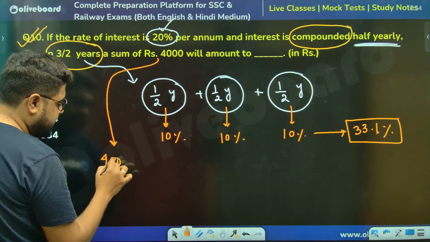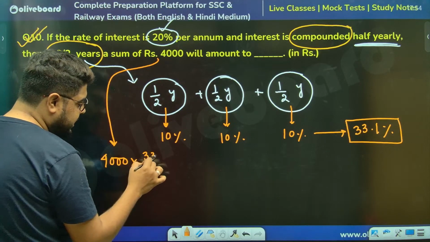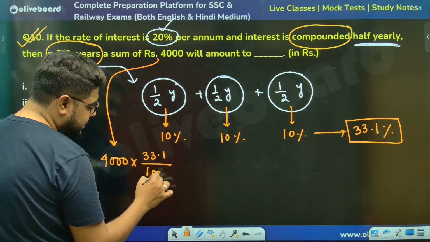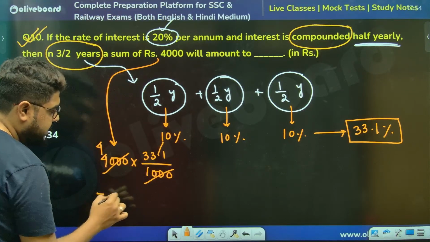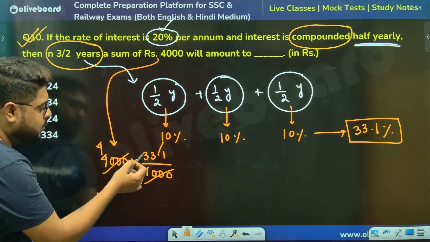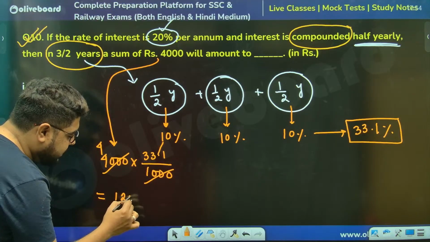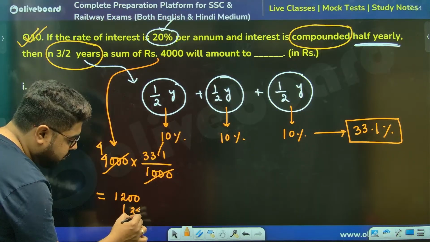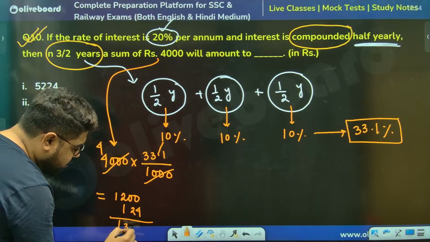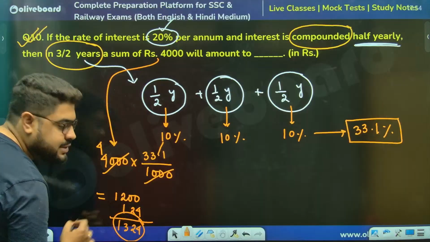So 4,000 into 33.1 by 100. Let's remove this. So this is 4, so 331 into 4. 300 into 4 is 1200, 30 into 4 is 120, and 1 into 4 is 4, so 1324. This is the interest.